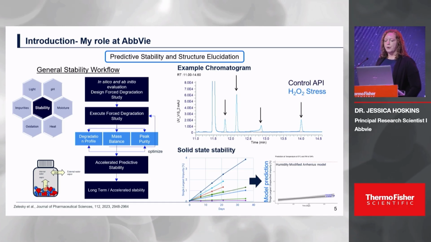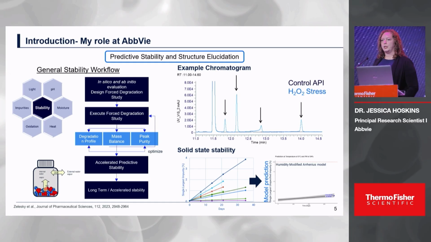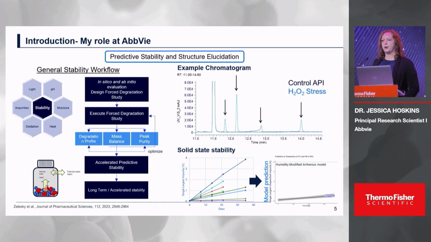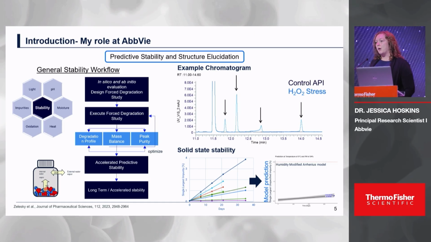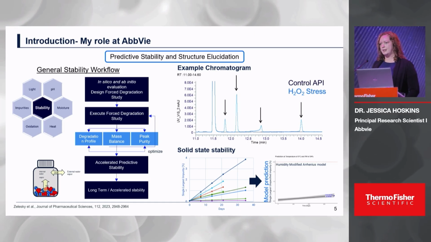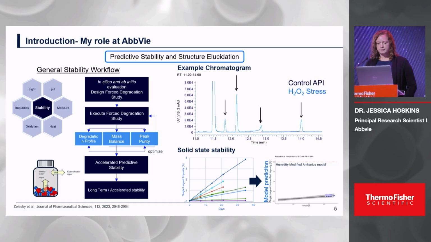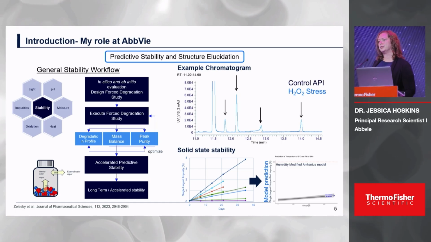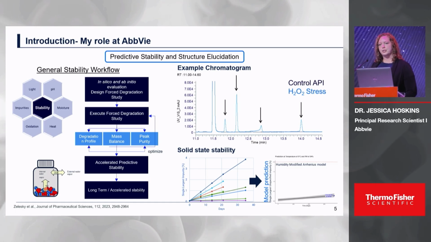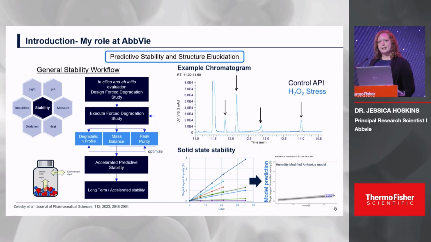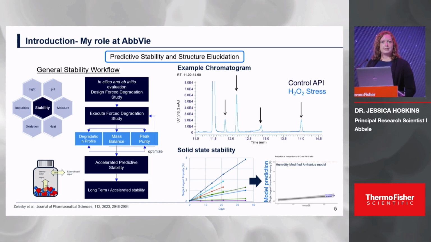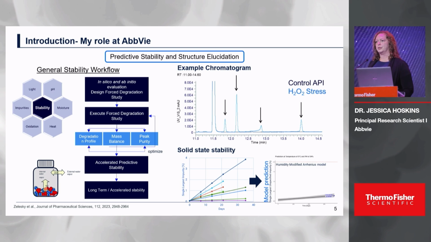Likewise, for the predictive stability, we'll look at different temperature and RH combinations, and look at the impurities that form. We can use this data to build models to predict what we expect to see on long-term stability. So we've used these workflows for quite a while for traditional small molecules. And more recently, we've been working with peptides, and a lot of the same workflows apply to those as well. So that's what I'm going to focus on today.